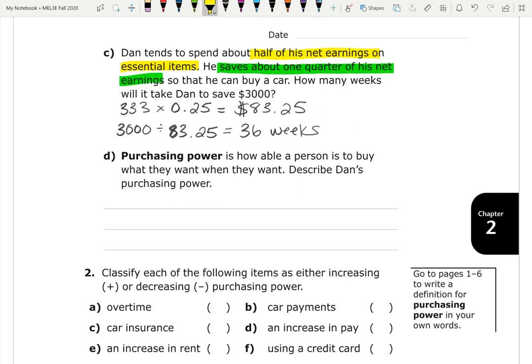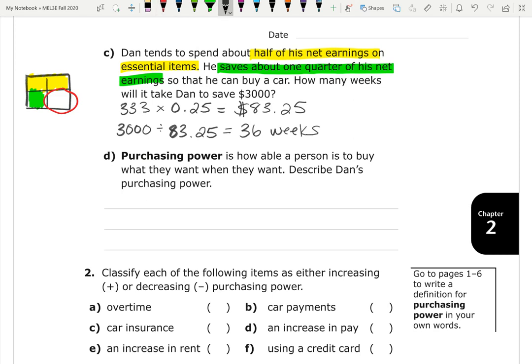That means that there's only 1/4 left for purchasing anything that he desires, right? So if we look at, let's say we split this into 4, okay? So half of his income is going towards essential items, and then he's saving 1/4. Okay, that means that there's only this 1/4 left that can go towards something else that he desires.